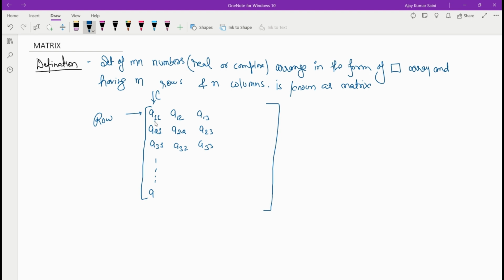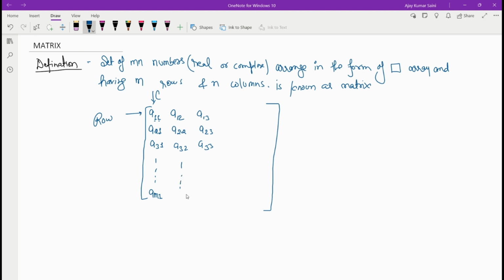The first index represents the row, and after that the column.